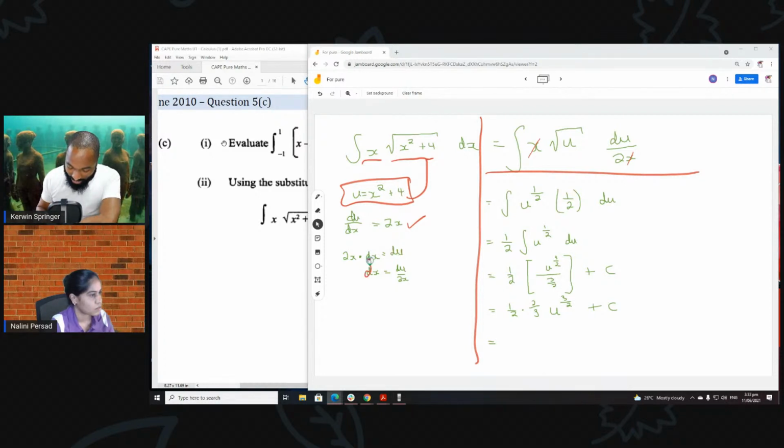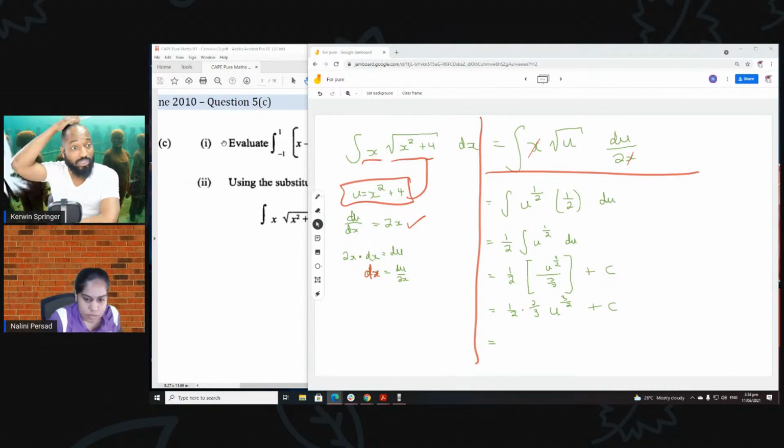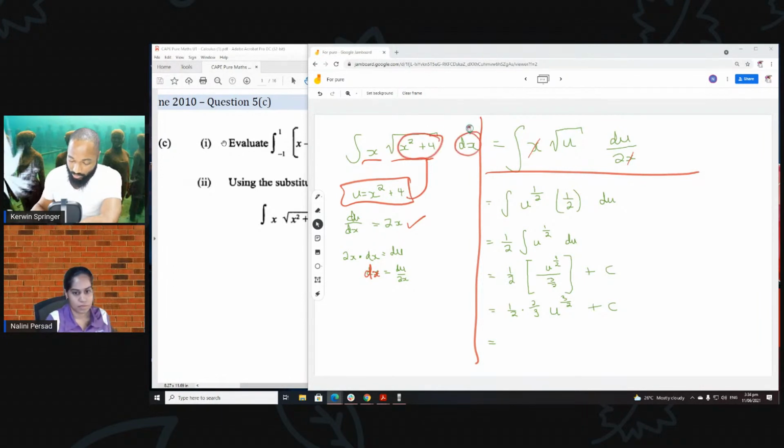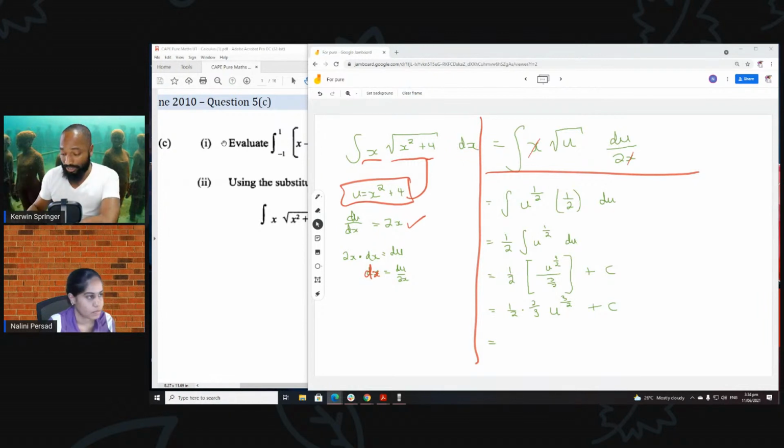So when we get dx by itself, there are really two things we'll be substituting in these questions. And think about it, it's two things we'll be substituting, this and this. What you have to substitute, because you need to integrate with respect to u now. So this dx here is actually du divided by 2x when we differentiate and rearrange.